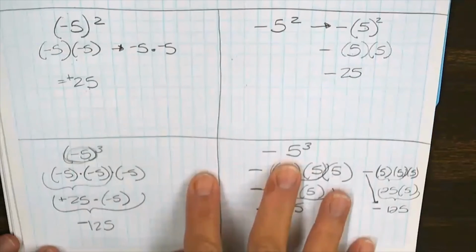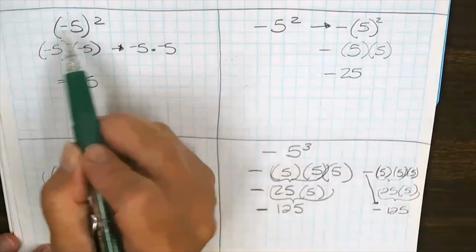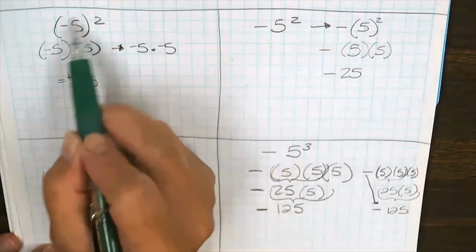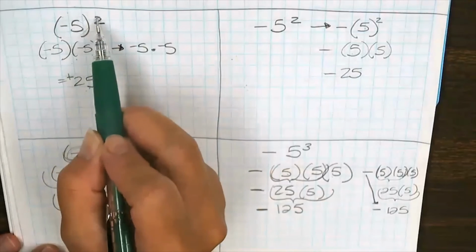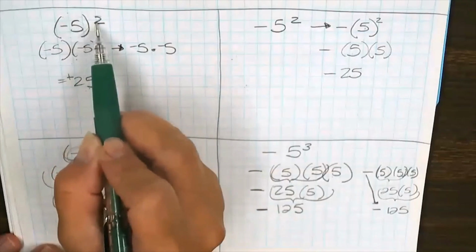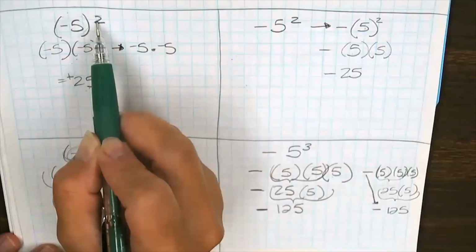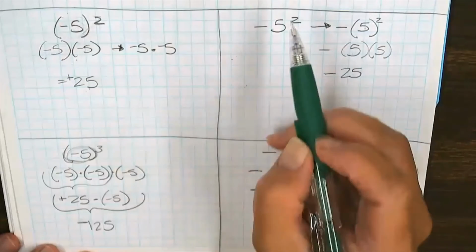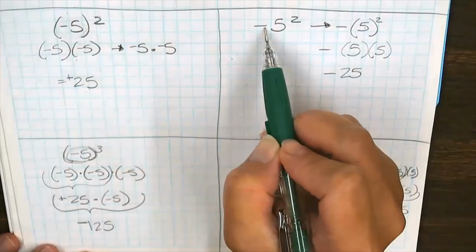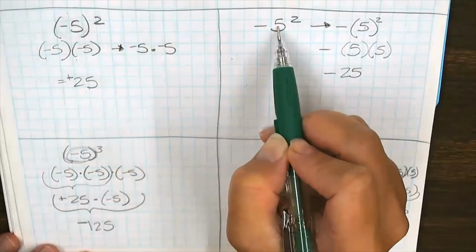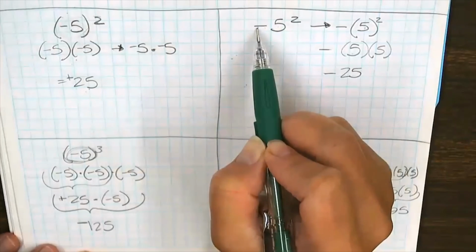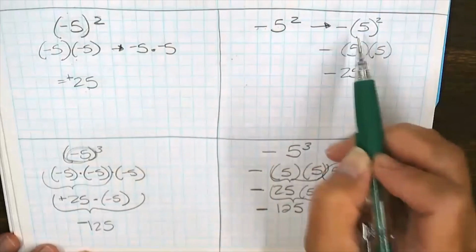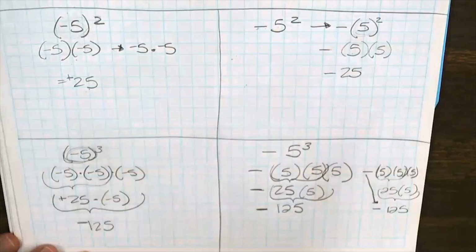When we're dealing with exponents, if the negative is in the parentheses, then it is part of the base. It's part of what's being squared. If the negative sign is not in the parentheses, the negative sign is not part of what's being squared, only the number.